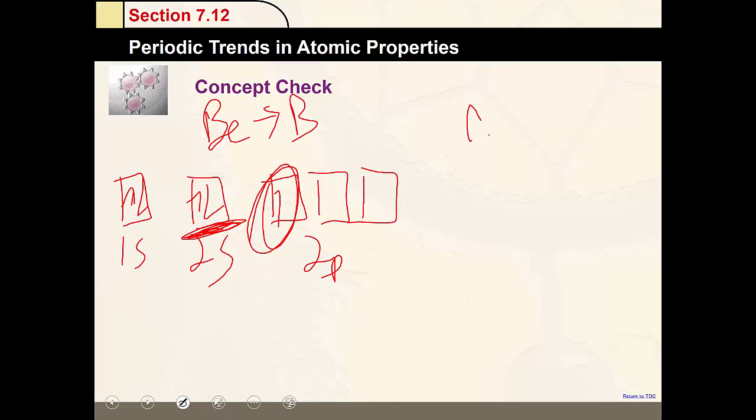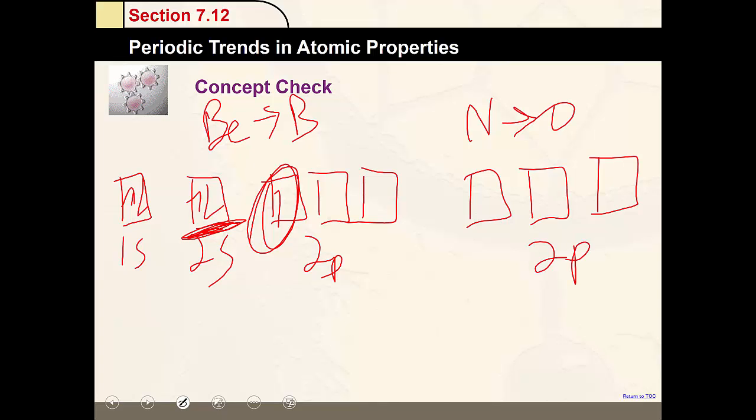Then, the other exception here, as we go from nitrogen to oxygen, so now, if we look at the 2p sublevel of oxygen, it has 4 electrons. So the electron we would be trying to remove would be the one right here, the electron in the first orbital in the 2p sublevel that's spin down.